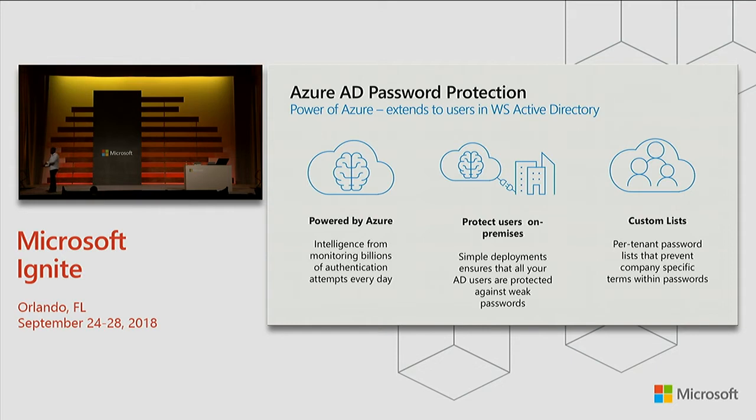We use our cloud intelligence, and then we push those onto an agent that runs on your domain controller that can now validate and say, hey, does this password that's happening as part of a change or reset process or reset task match what our global intelligence says as potential ways in which attackers could exploit? And if so, we will block it.